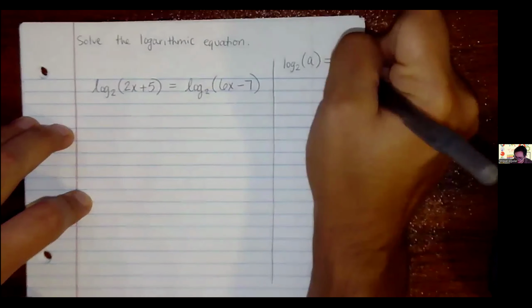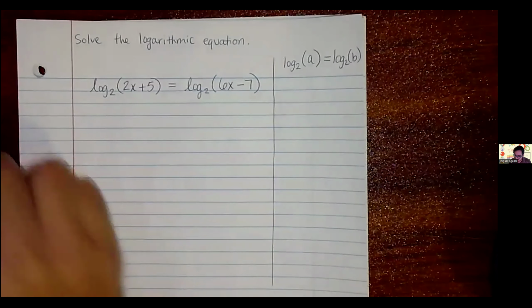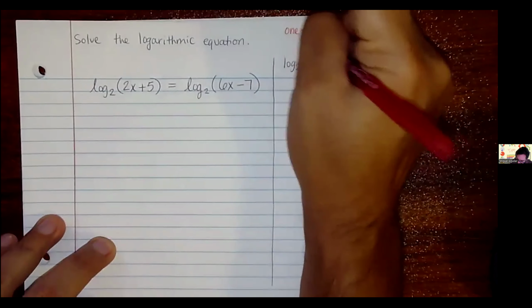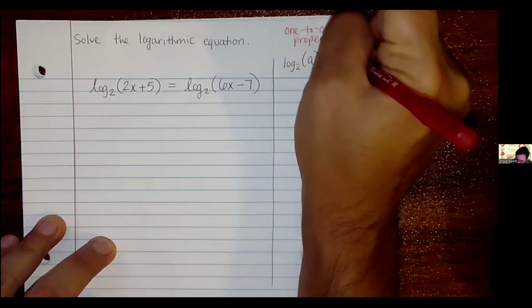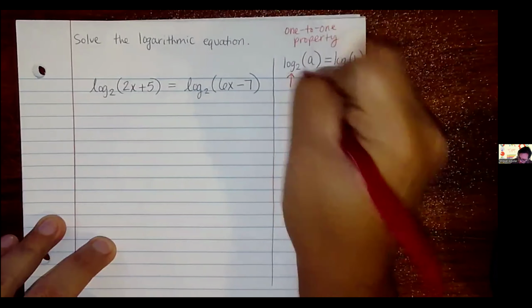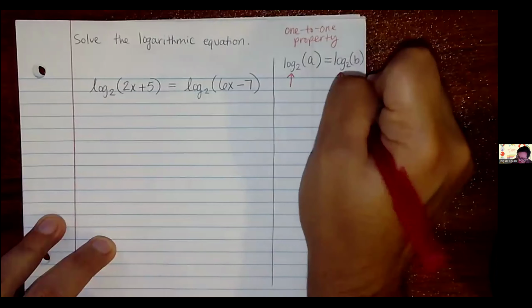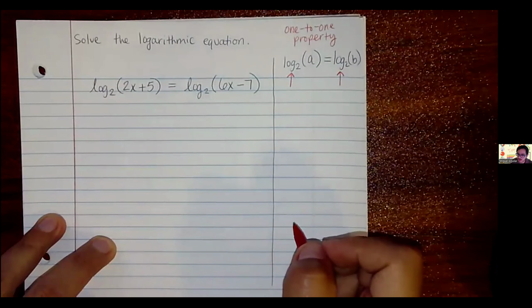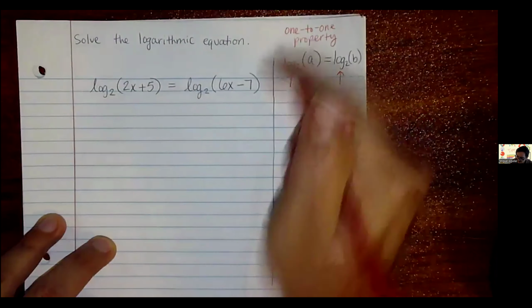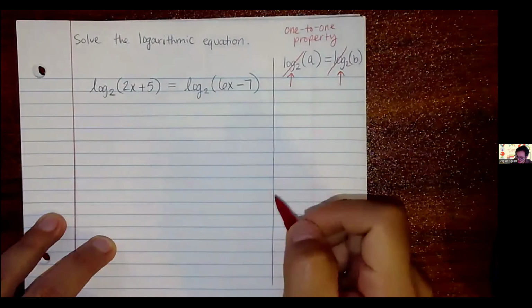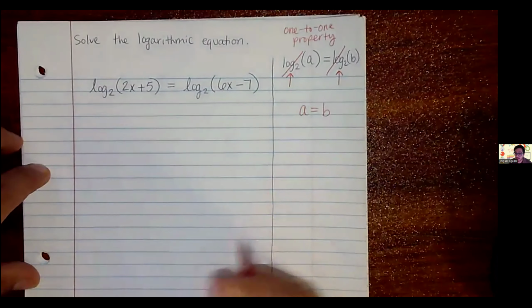And if that is equal to log base 2 of b, then the one-to-one property says if I have one logarithm function over here, and I have that exact same logarithm function over here, so log base 2 and log base 2, I have one-to-one, then I'm allowed to drop the logs and then just work with the equation a is equal to b.